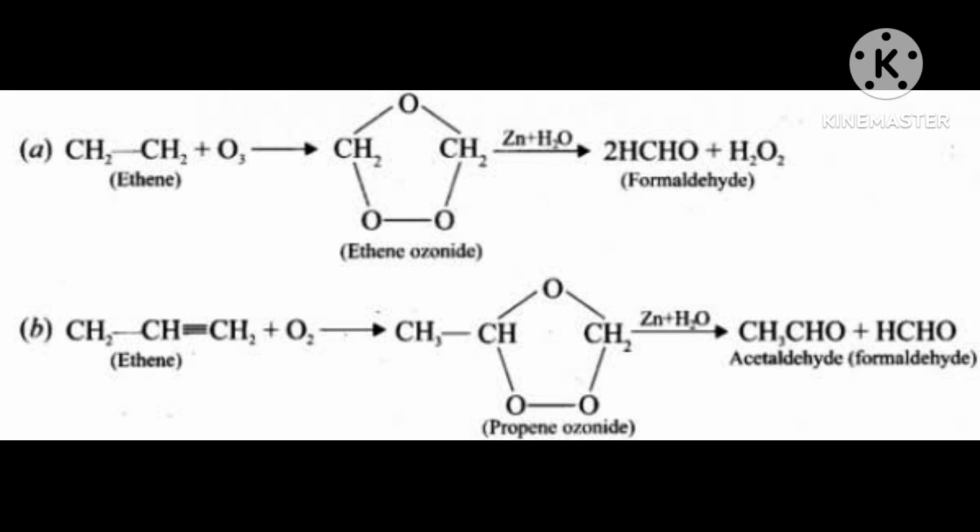That's why it will form acetone, which is also called propan-2-one, because at carbon number 2 oxygen is attached with a double bond. H is replaced by CH3. That's why CH3COCH3 is acetone, the common name. But the IUPAC name is propan-2-one. And the other product is formaldehyde only.